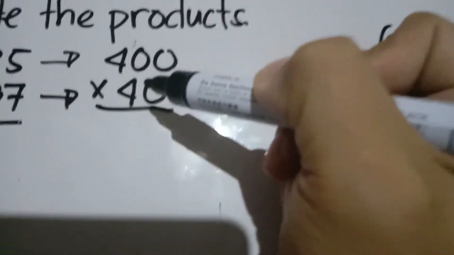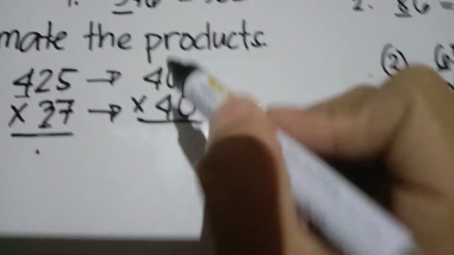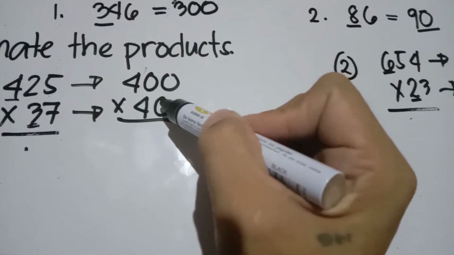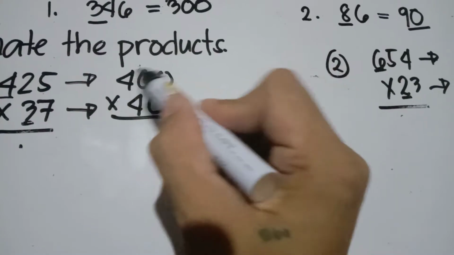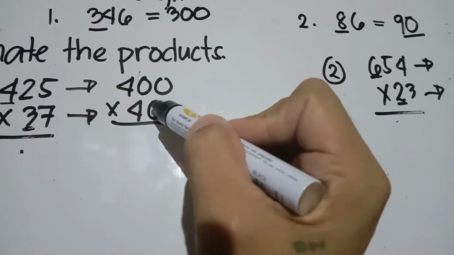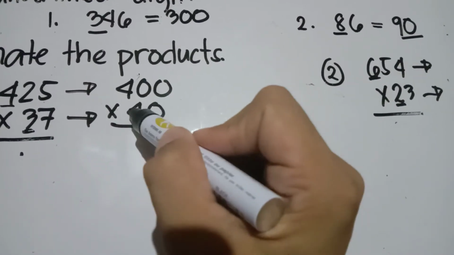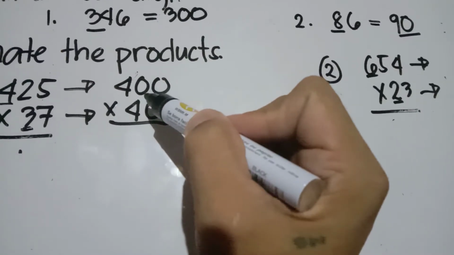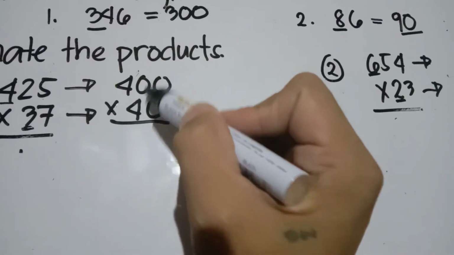In multiplying whole numbers, naituro ko na ito in my previous video. Of course, we are going to multiply the ones digit of the multiplier to all the digits in the multiplicand. Then multiply the tens digit in the multiplier to all the digits in the multiplicand. Ganun po yung proper way, the correct way in multiplying whole numbers.